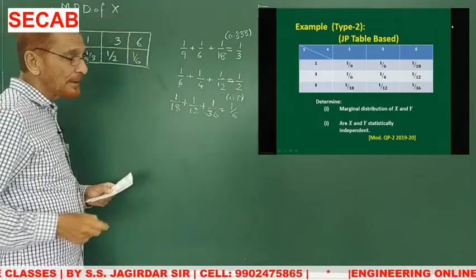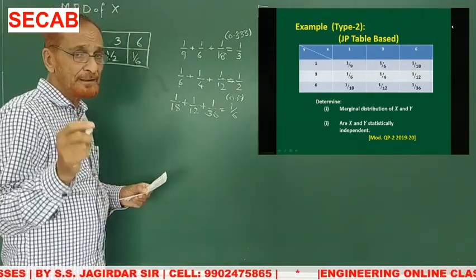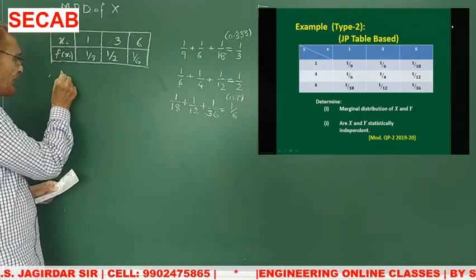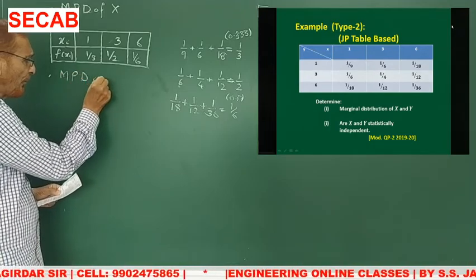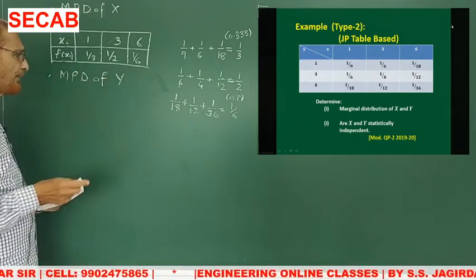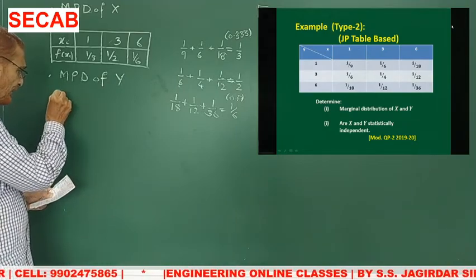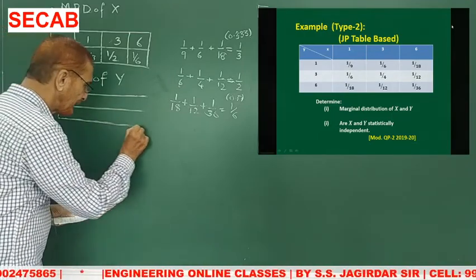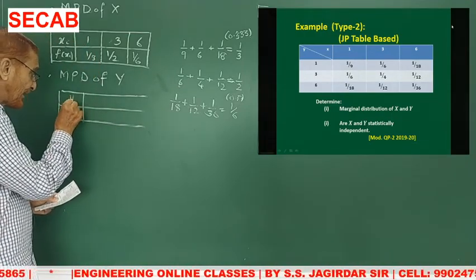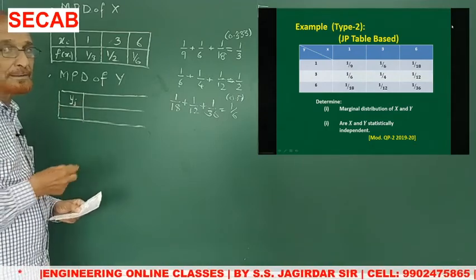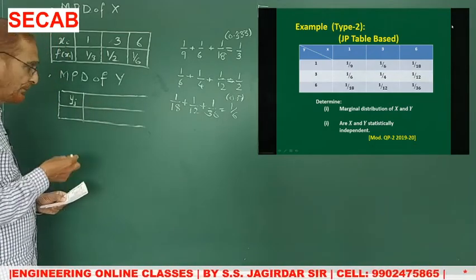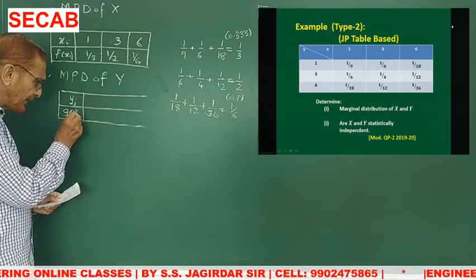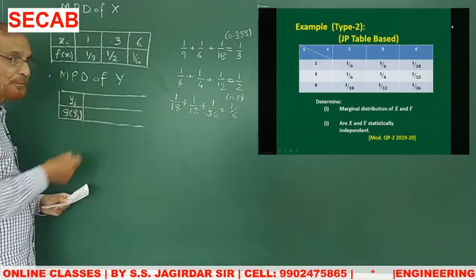This way the marginal probability distribution of x is obtained. Next we will go for the marginal probability distribution of the random variable y. The simple chart we prepare in a similar manner has yj as the symbol for the y values of the random variable y, and g of yj for its probabilities.